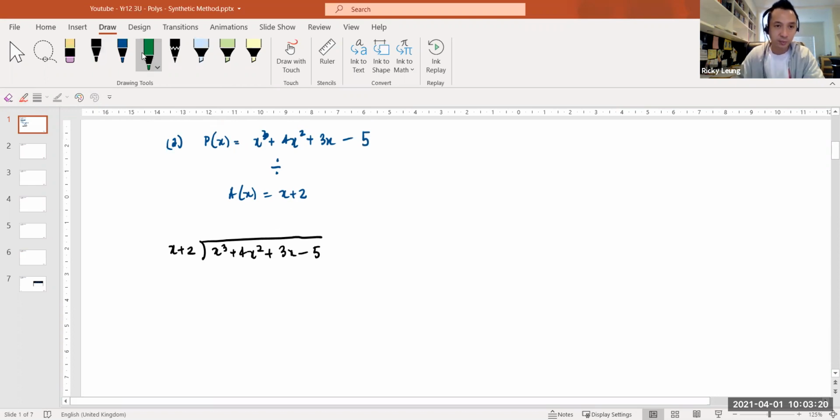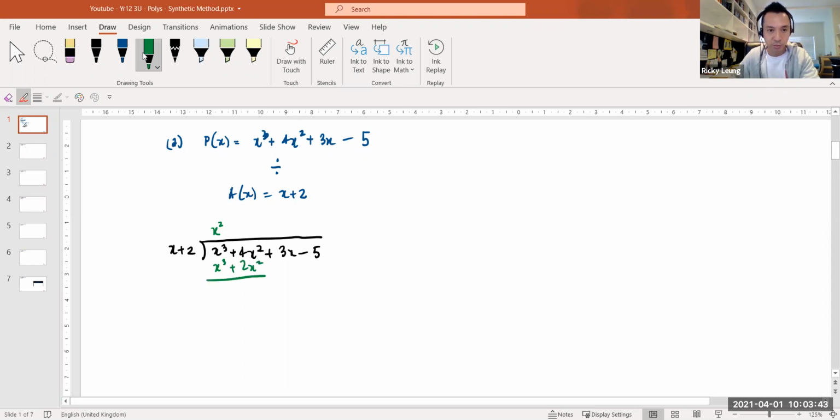Now, traditionally, you ask yourself the question, what do I multiply with x to make it look like x cubed? So obviously, that's x squared. And you do this in 4 steps, right? Identify the x squared, multiply x squared by the divisor, so you get x cubed plus 2x squared, line it up.